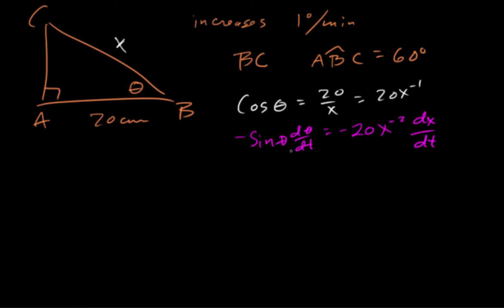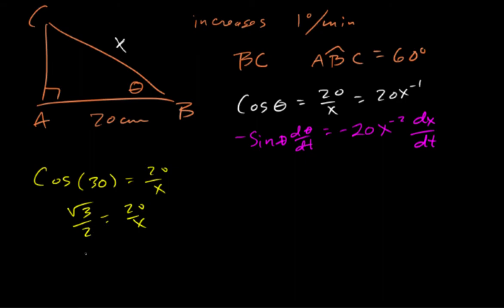Okay, now we're going to plug in 30 for theta. And so in the original, we can solve for x. So cosine of 30 is equal to 20 over x. Cosine of 30 is square root of 3 halves from our unit circle.